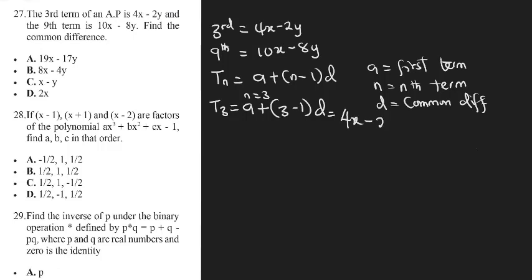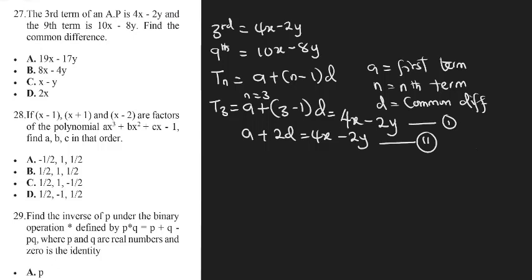If you solve this, it's going to give us equation 1. 3 minus 1 is 2, so a plus 2d is equal to 4x minus 2y. So this is equation 2.